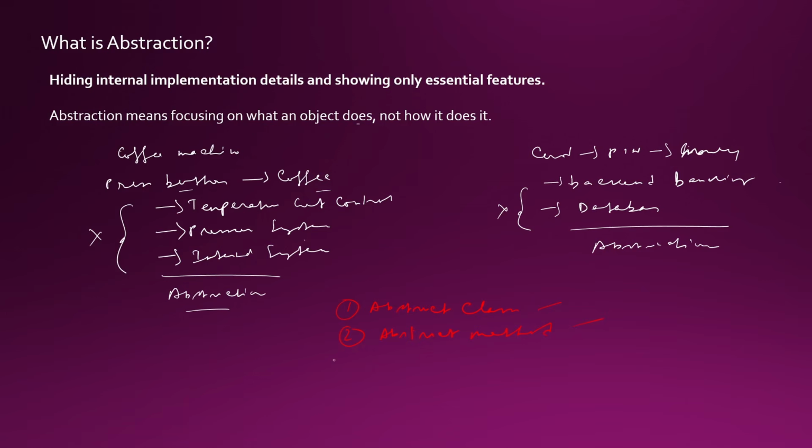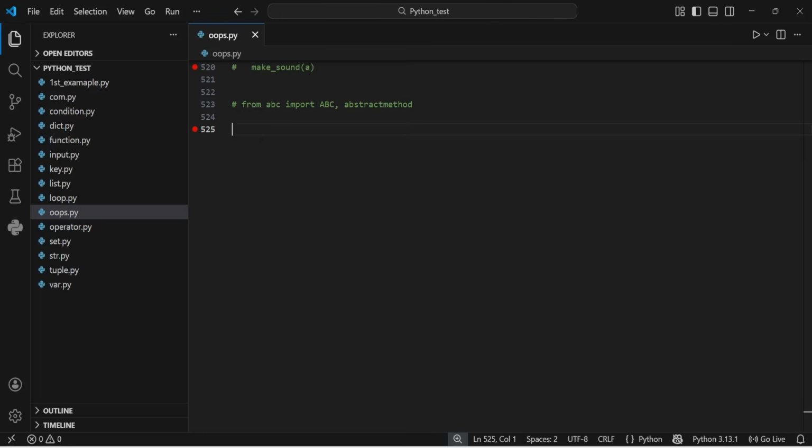For that we have to use the ABC module, and another one is abstractmethod, which is a decorator. Using this ABC module and this decorator, we can write abstraction in our code. So this is abstraction.